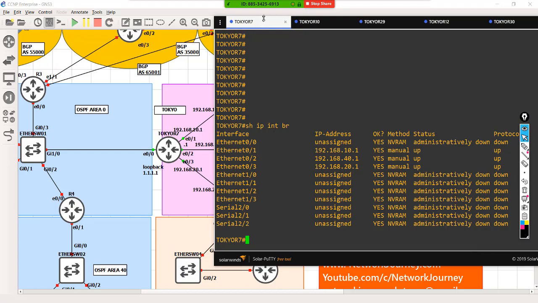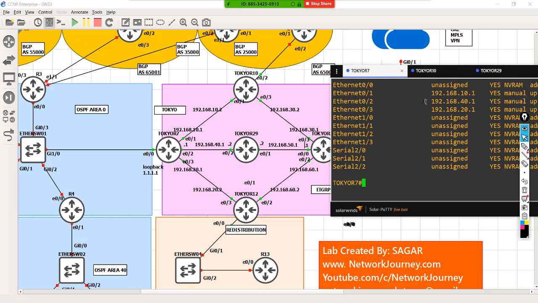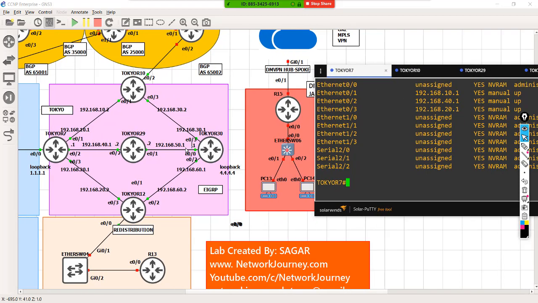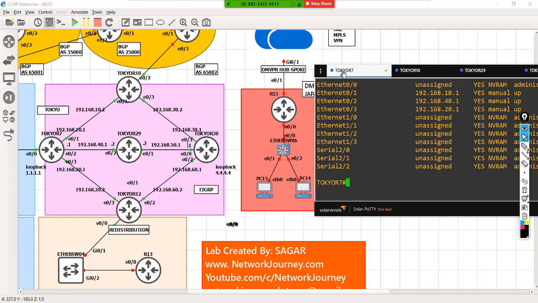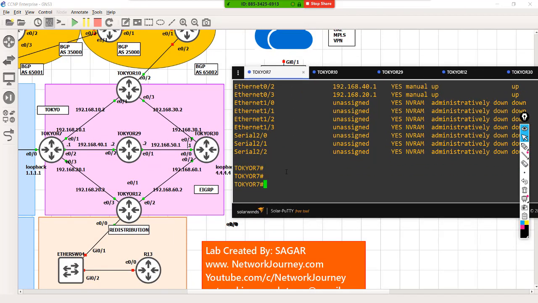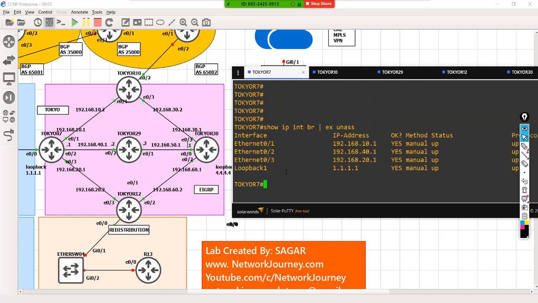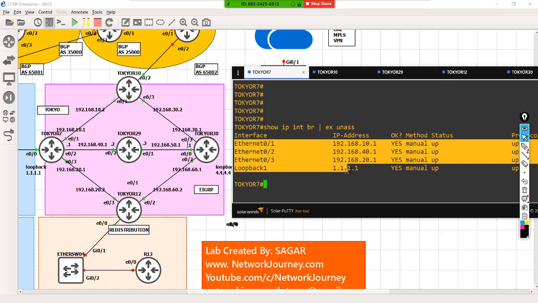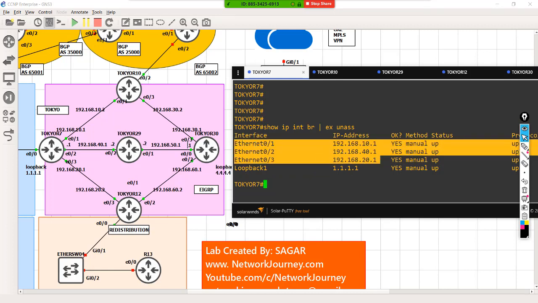I have the first router. Let's see what I have here. Show IP int brief exclude unassigned. So I have 4 interfaces: 3 physical interfaces and 1 loopback interface.